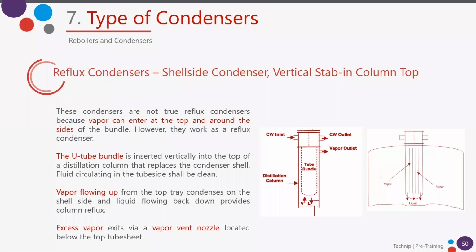We can place the condenser inside the diameter of our column, which means we need enough diameter to place our condenser, and the coolant service shall be clean. Since usually the coolant is cooling water, this is not very common.